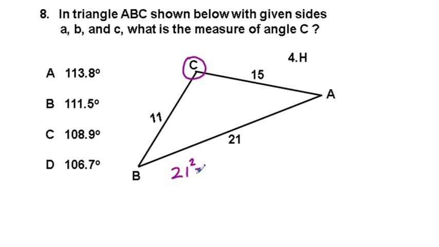We square that, equals 11 squared plus 15 squared minus 2 times 11 times 15 times cosine C, which we don't know.